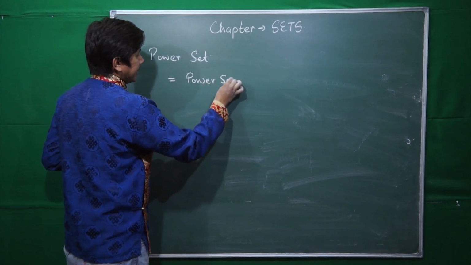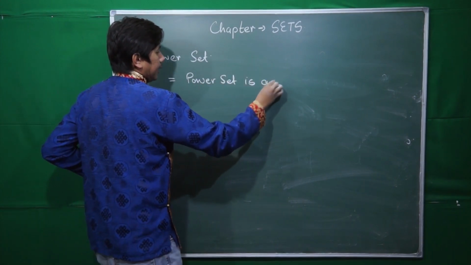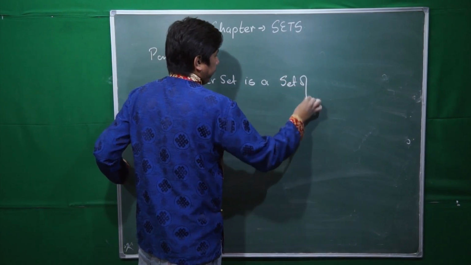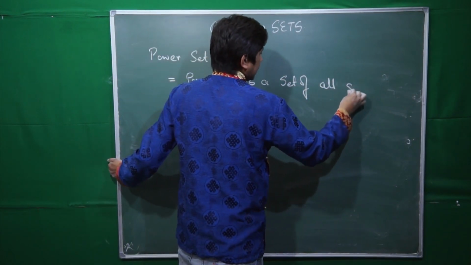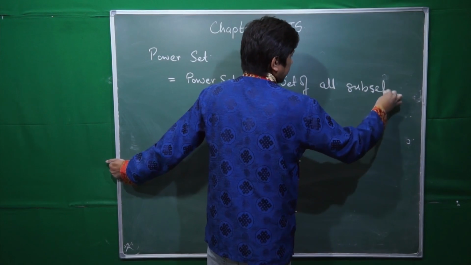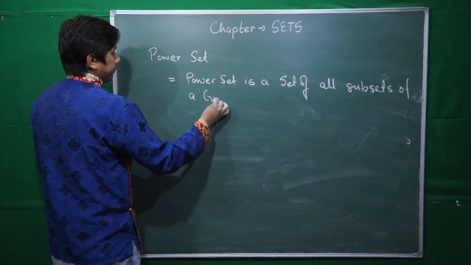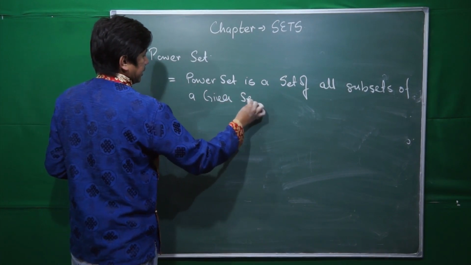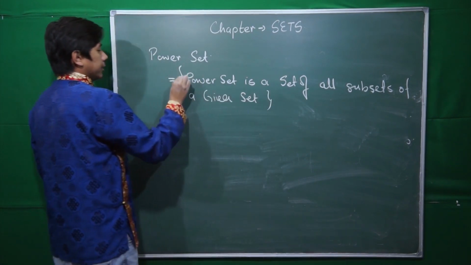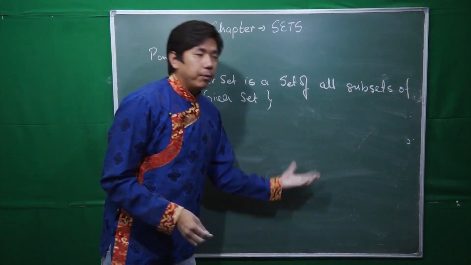Power set is a set of all subsets of a given set. Now this is the definition of power set, but what does that mean?